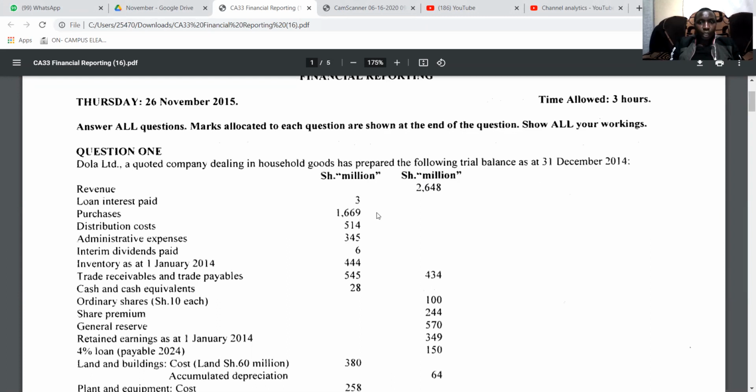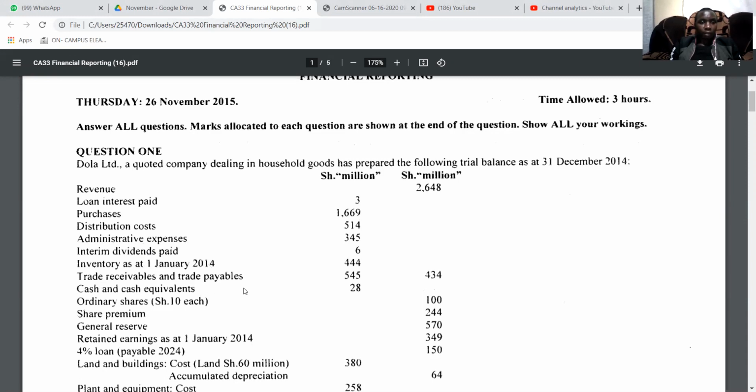The trial balance is as at 31st December 2014, which means that this inventory is as at 1st January. So that is an opening inventory, opening stock.